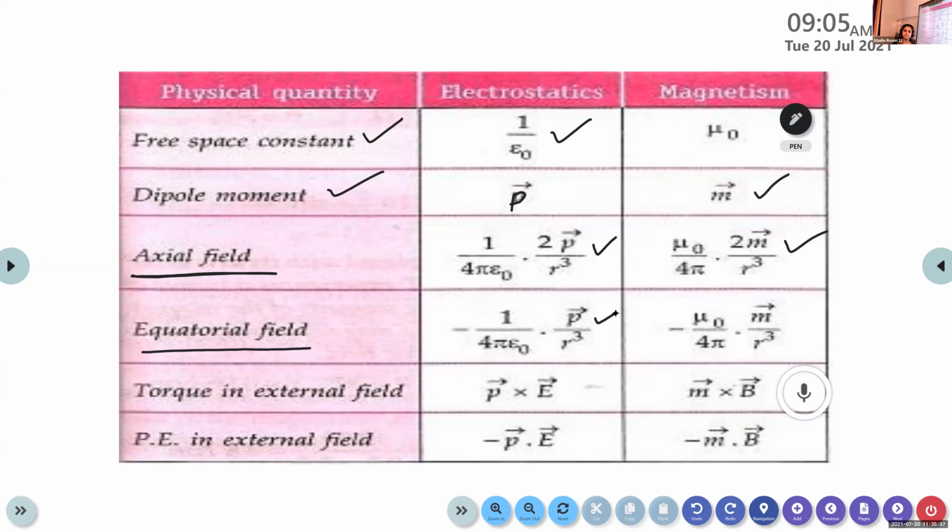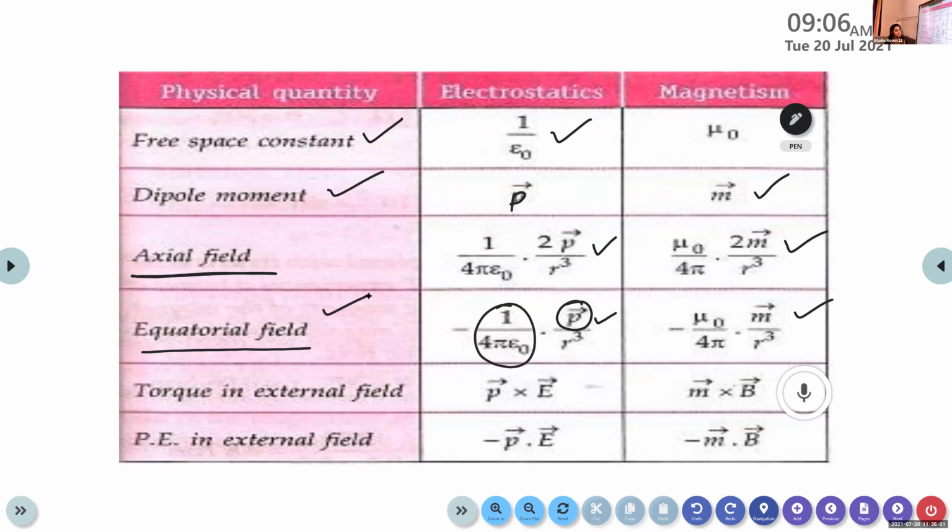Similarly, we can write an expression for magnetism. Instead of 1 by 4 pi epsilon 0, we change it into mu 0 by 4 pi, and instead of P, we use the magnetic dipole moment M. So the equation becomes minus mu 0 by 4 pi times M divided by r cube. We will study this equation later in magnetism.